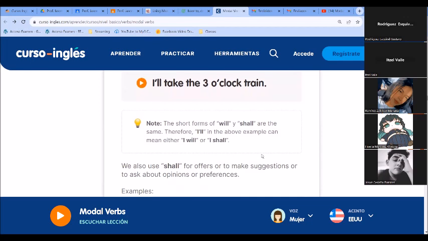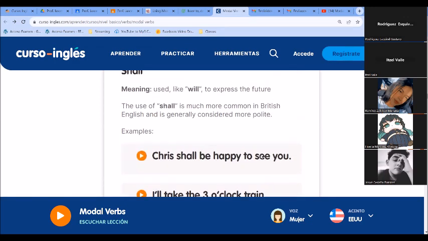Good. Now, will and shall do the same thing. Notice how they behave when we're conjugating them. We use shall for offers or to make suggestions, to ask for opinions and preferences. However, as mentioned above, shall is no longer common.